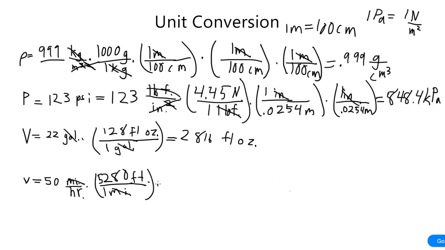So now we need to convert hours into seconds. There's almost two ways of converting hours into seconds. You can just say 1 hour equals 3,600 seconds. This is 100% fine, but this is really just 60 squared in the end. So I'm going to do it a little bit differently.